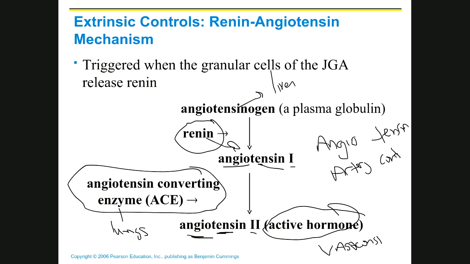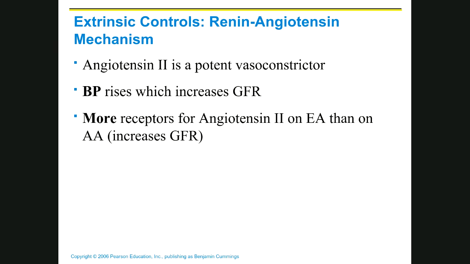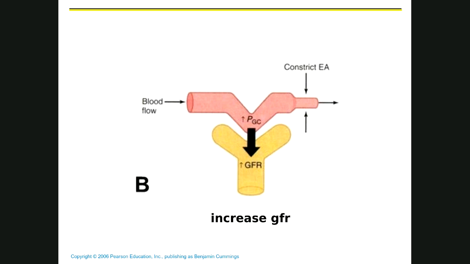And that causes the efferent arteriole to constrict. And so this is what happens, and GFR goes up. Make sense? Any questions?